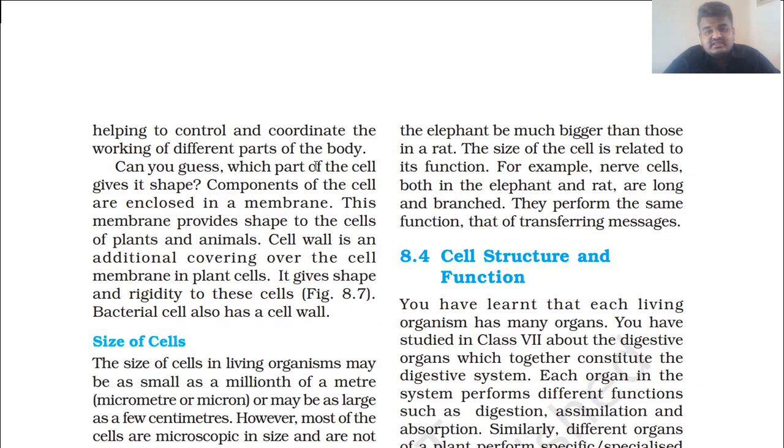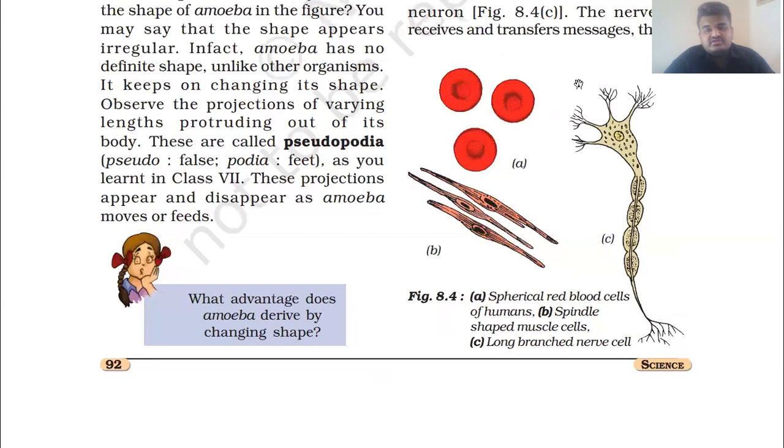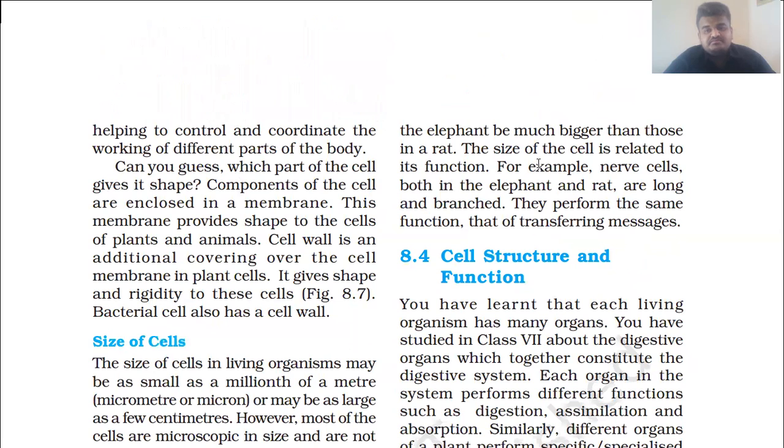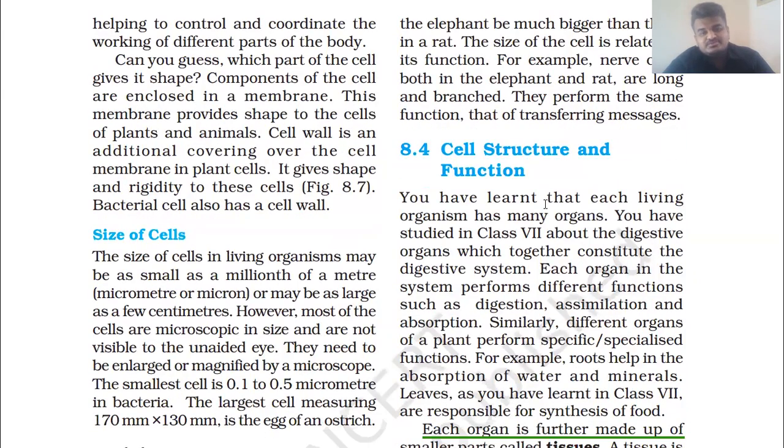The size of the cell is related to its function. For example, nerve cells, both in the elephant and rat, are long and branched. They perform the same function, transferring and receiving message. So that's it for size of cells.